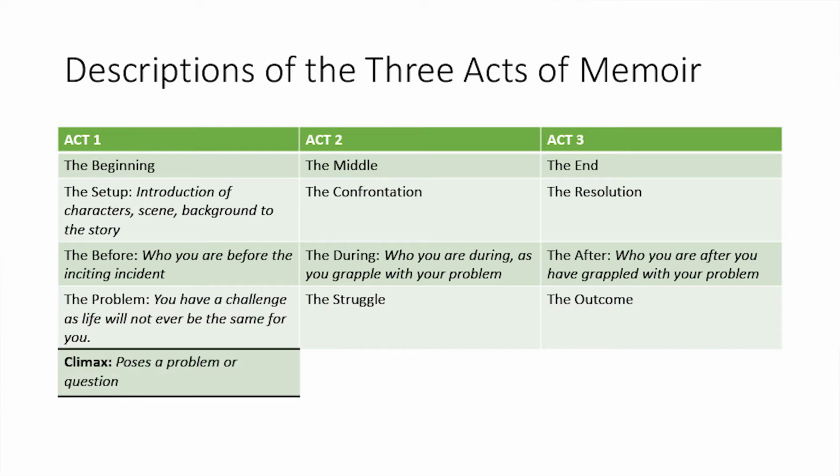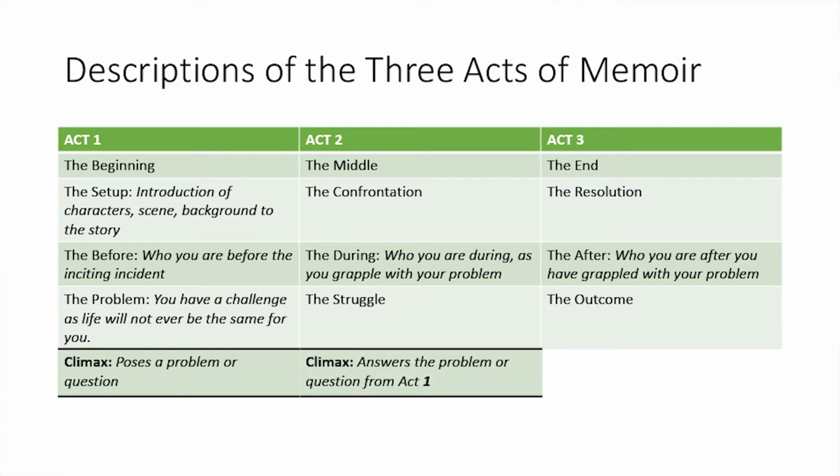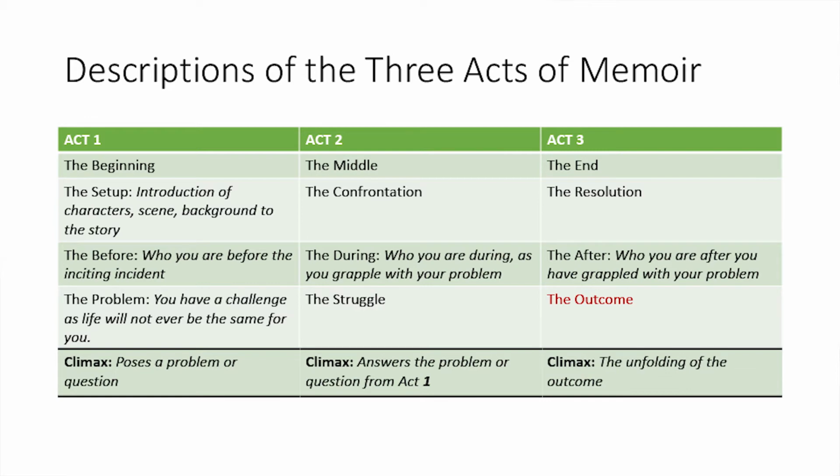Now, the climax in Act 1 poses a problem and a question that has to be answered in the climax of Act 2. And then the outcome is as a result of that. And the climax in Act 3 is the unfolding of that outcome.